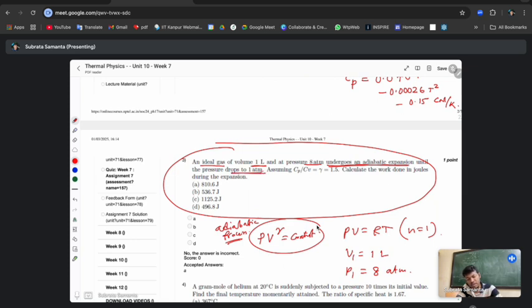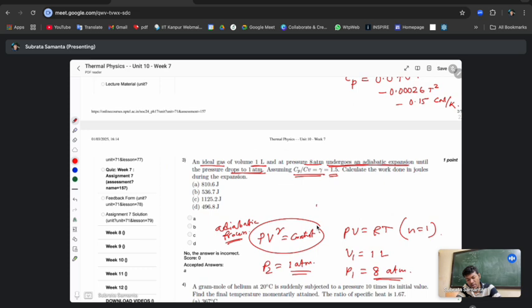So P1 is 8 atm and P2 is 1 atm. Assuming that Cp by Cv equals gamma, which is given as 1.5. Calculate the work done in joules during the expansion.